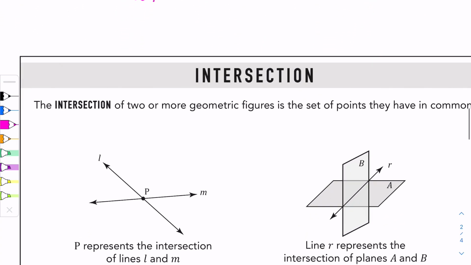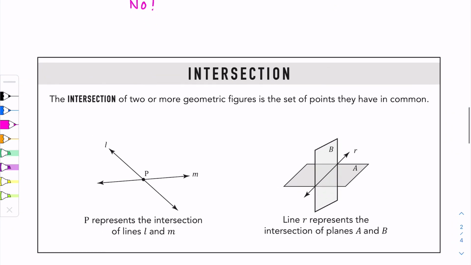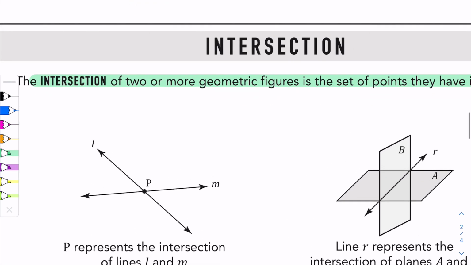Okay, next we're going to talk about intersections, so intersections of lines or intersections of planes. So the intersection of two or more geometric figures is the set of points they have in common. And I'm going to add a couple notes to this box. The first note says that two lines intersect in a point.